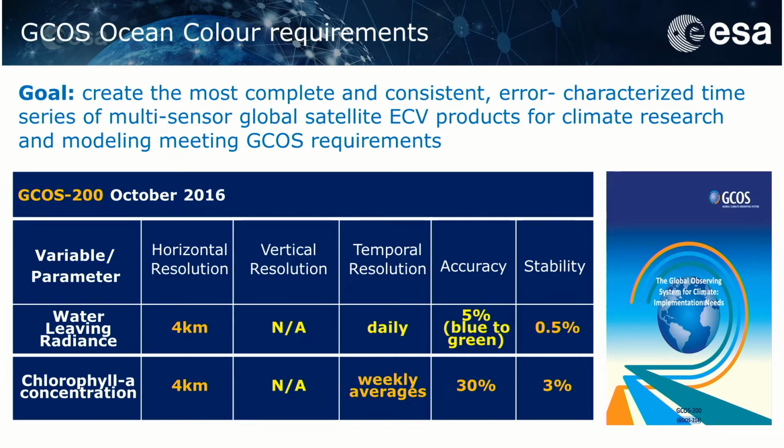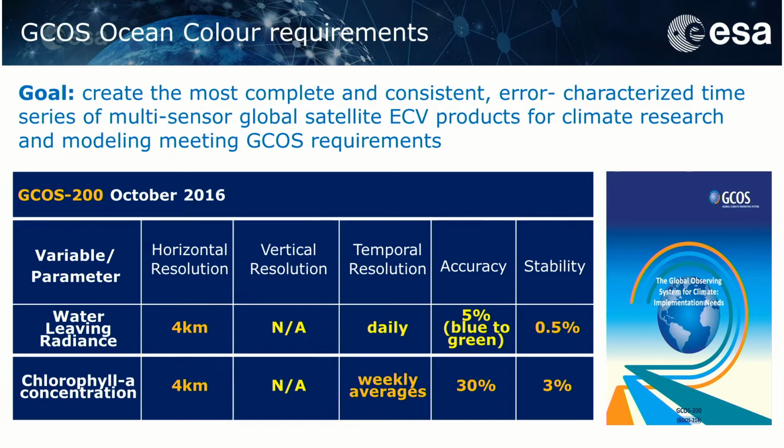We don't need to worry about the vertical resolution because they're 2D fields, though, as we discussed, the depth of the signal coming from the ocean colour varies. It could be deep in the oligotrophic environments where there's little material, or shallower in productive environments. And we want a temporal resolution of daily for water-leaving radiance and weekly for chlorophyll. I'm not so sure why these are different. It's not clear to me why these are different.